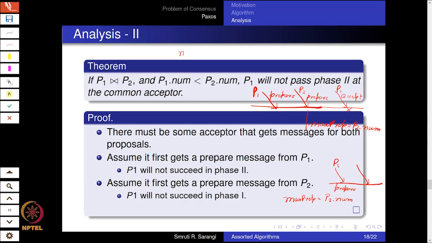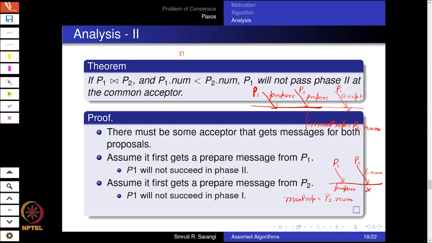Now, P1 sends P1.num as a part of its prepare message. So this will clearly fail phase 1 because in phase 1 we check if P1's number is greater than max prep or not, which in this case it is not.